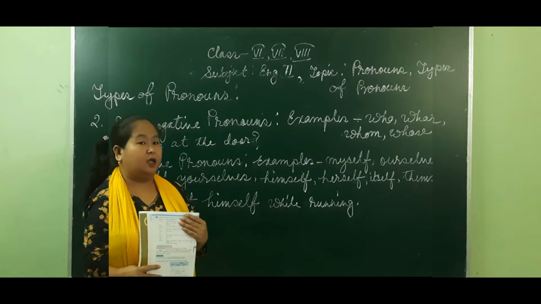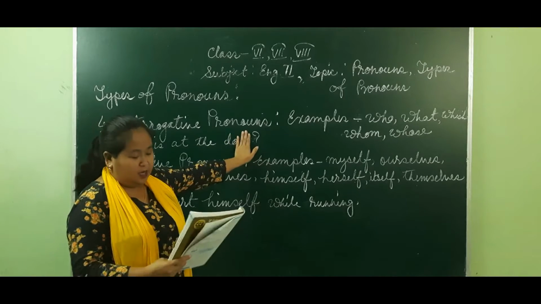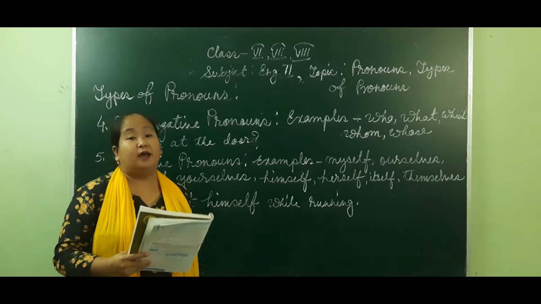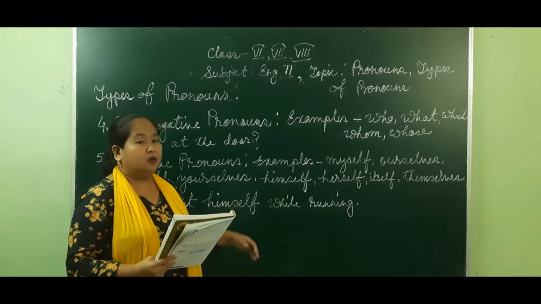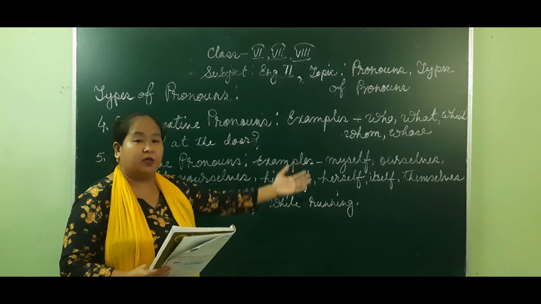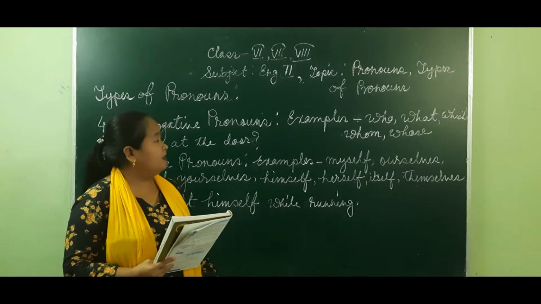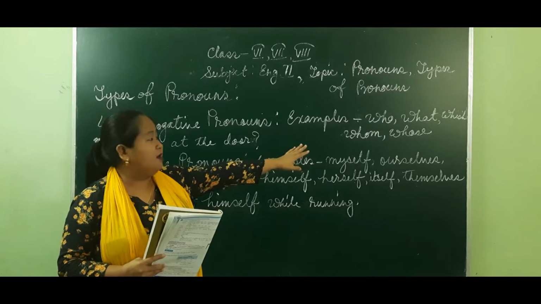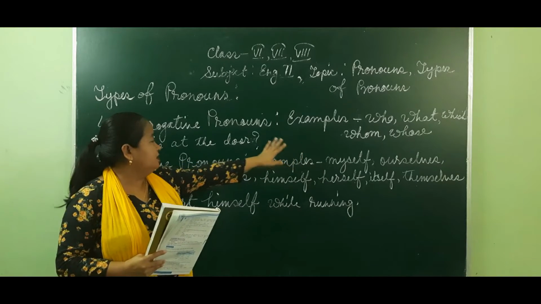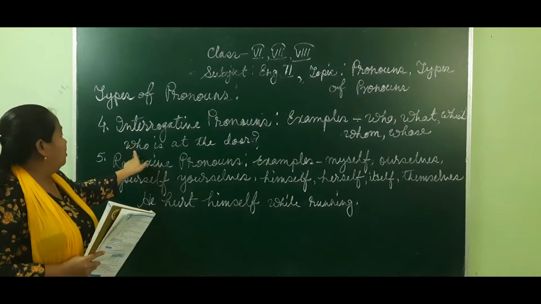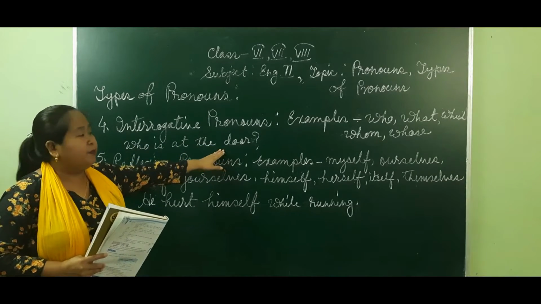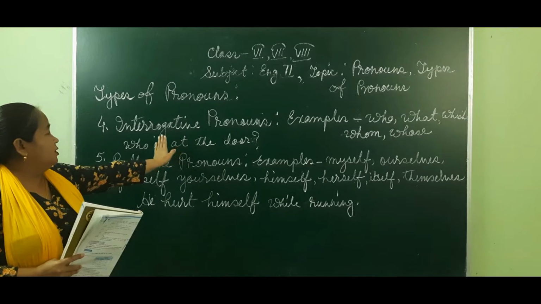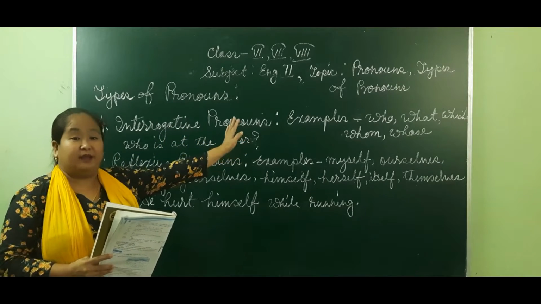Now we have interrogative pronouns. Interrogative pronouns are those that ask questions. Interrogative means to interrogate or to ask questions, right? Examples: who, what, which, whom, whose. They are examples of interrogative pronouns. Here is a sentence example: who is at the door? Again, you can get confused between interrogative pronouns and interrogative adjectives.